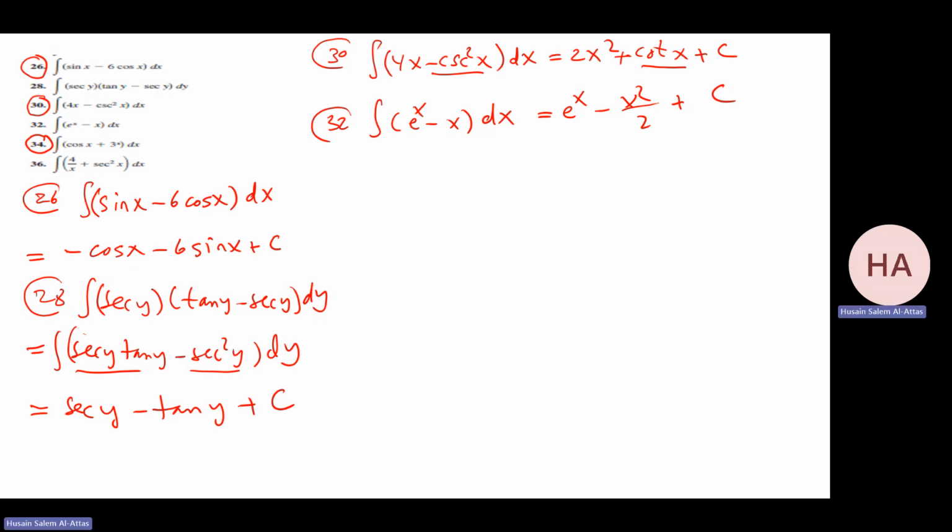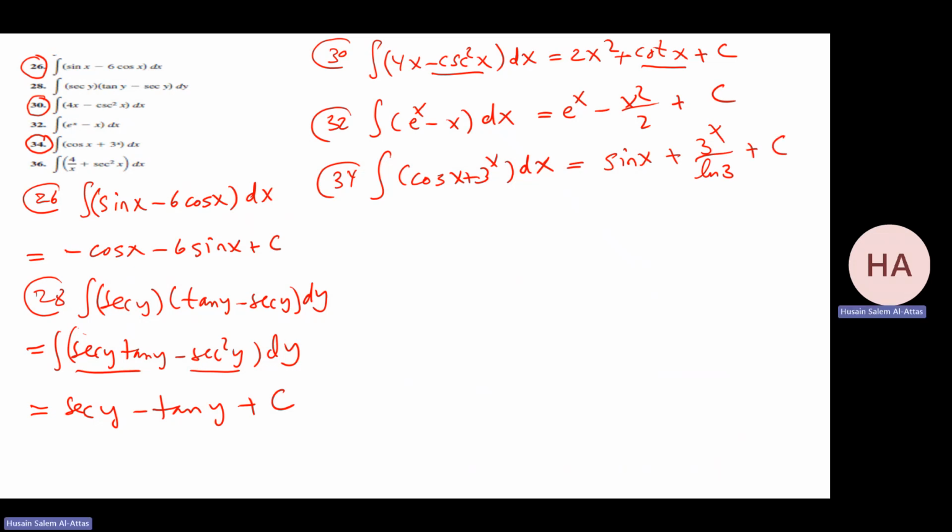Or you can check, huh? I'm doing the check, but you can do it. Let's go: sine x plus 3 to the power x dx. That will be what? Sine x plus 3 to the power x over ln 3 plus c.